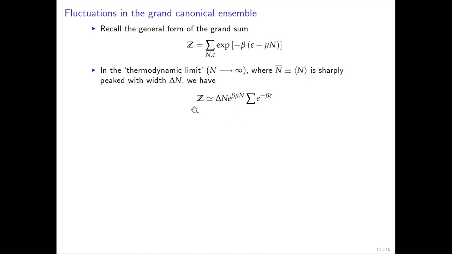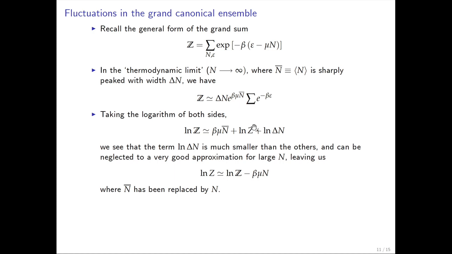And so for the grand partition function, Z is approximately equal to delta n e to the beta mu n bar times the sum over energy. I lost my subscript there. It looks like a sum over energy of these exponential factors.